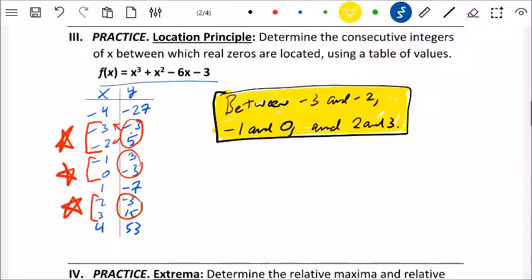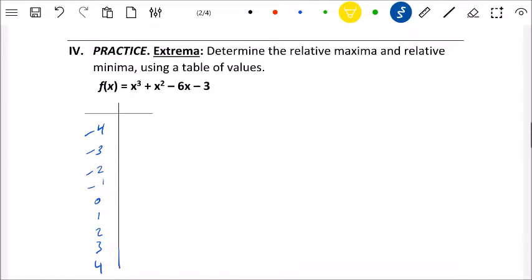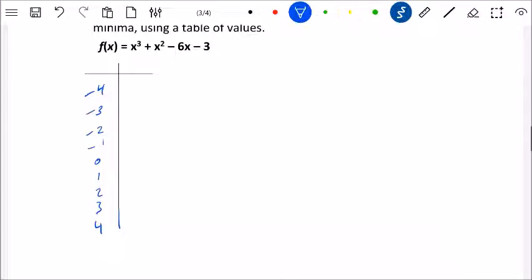Now we're going to do the extrema, the relative maximum and minimum. And it's the same equation, so we put the same numbers down. Negative 3, negative 3, 5, 3, negative 3, negative 7, negative 3, 15, and 53.